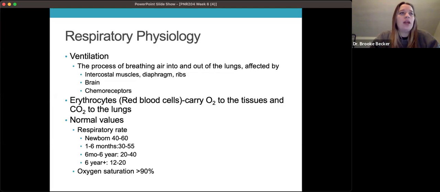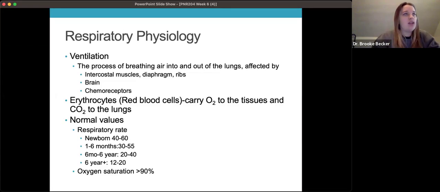So if you're anemic, so if you don't have a lot of erythrocytes or red blood cells in your body, you're naturally going to have less oxygenation in your tissues. Doesn't necessarily mean you're going to have like a low oxygen saturation from that, but it is not uncommon to see that potentially. And your normal respiratory rate values are there.